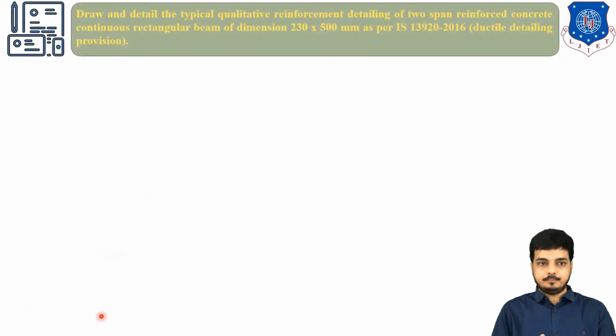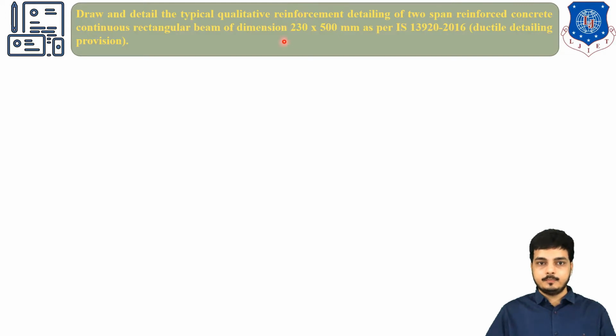Now let's start with our example. In the exam they have asked a question: draw in detail the typical qualitative reinforcement detailing of a two-span reinforced concrete continuous rectangular beam of dimension 230 mm cross 500 mm as per IS 13920:2016 ductile detailing provisions. So we have to provide a sketch, and also we have to specify the criteria of ductile detailing as per this code.